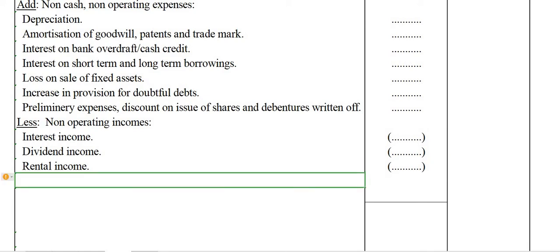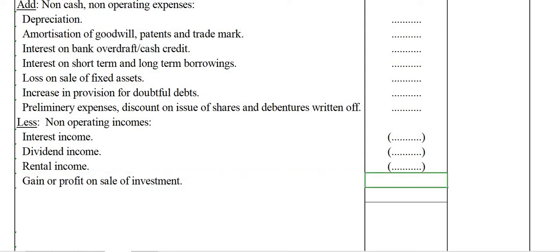Next, gain or profit on sale of investment. So we have told loss on sale of assets or loss on sale of investment, whatever it is, it can be added as non-operating expense. So like that, if profit is there, it is non-operating income. So that can be deducted. Okay.